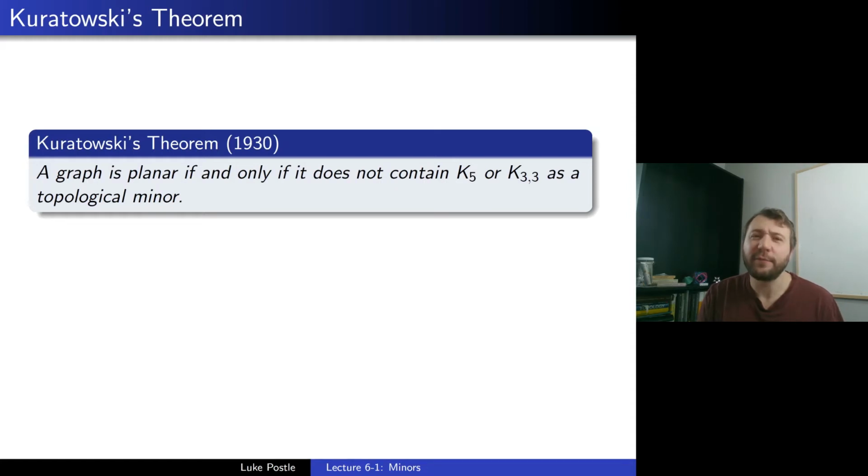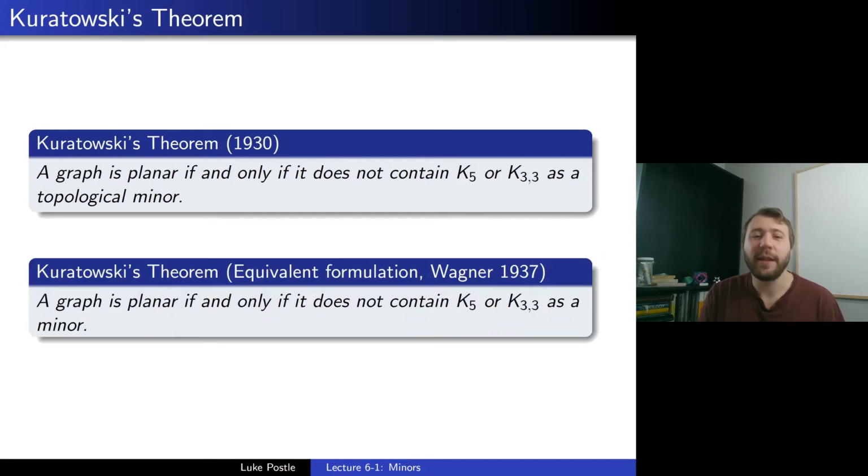So this kind of theorem shows that planarity is in both NP and co-NP, and thus is a good characterization. That's about topological minors or subdivisions, but actually Wagner showed that Kuratowski's theorem is equivalent to the following theorem: a graph is planar if and only if it does not contain K5 or K33 as a minor.